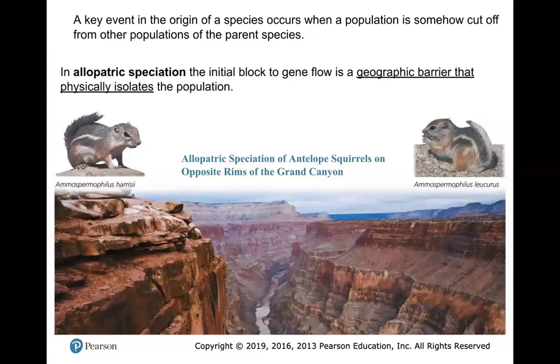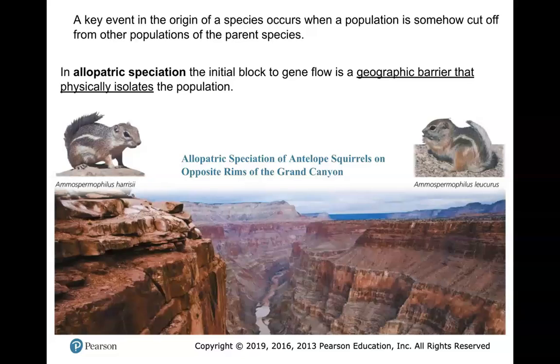So in allopatric speciation, we have a block to gene flow because of a geographic barrier that physically isolates that population. Here in this example, I have two different species of squirrels. They're very much two different species. They are quite similar because originally they were the same species.